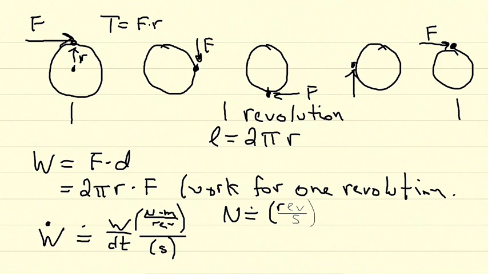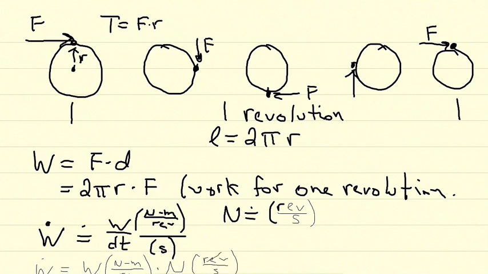And so my W dot basically becomes the following. W dot is equal to W, which has units of Newton meters per revolution, times n, which is revolutions per second.